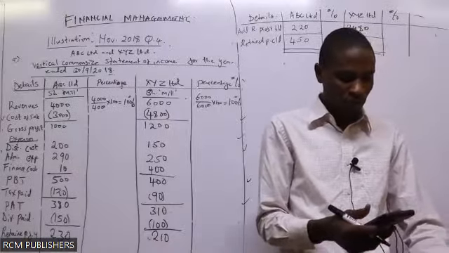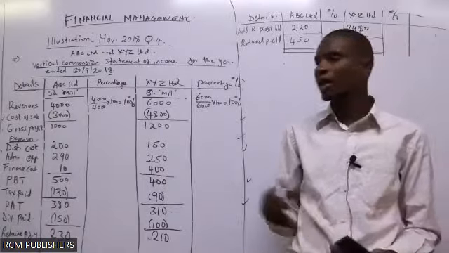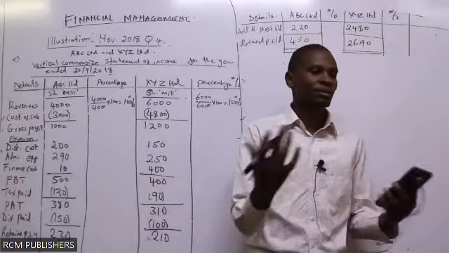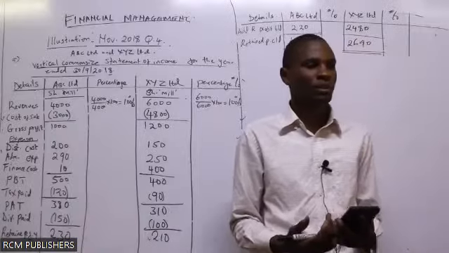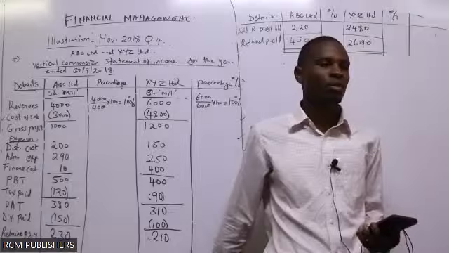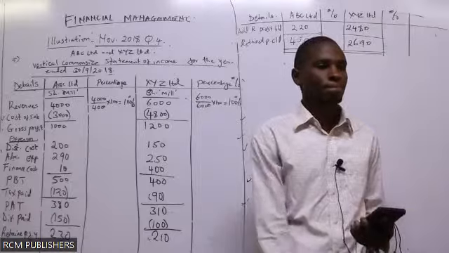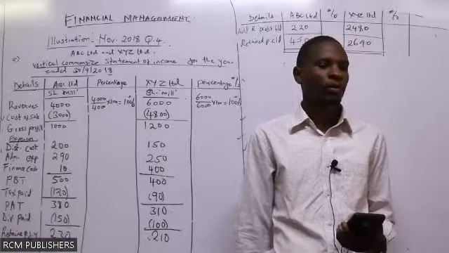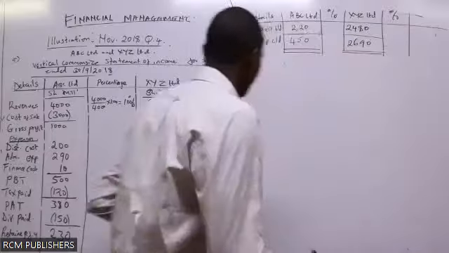Cost of sale, how much? This is a matter of engaging your calculator. Cost of sale ngapi? Cost of sale 75%.